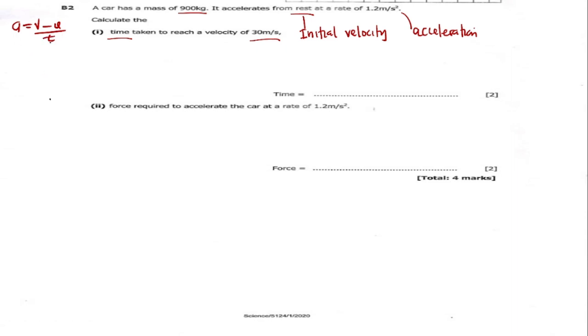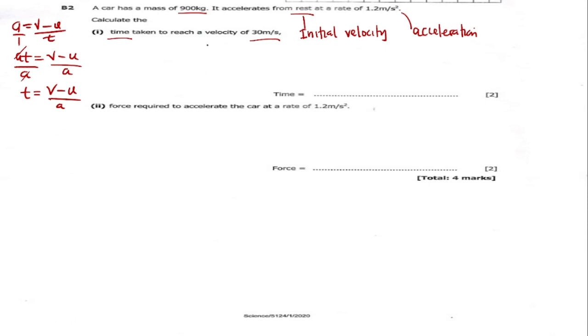So we need to make t the subject of the formula. When we cross multiply, we have at equal to v minus initial velocity. Then you divide by a on both sides. That makes t equal to final velocity minus initial velocity divided by the acceleration.